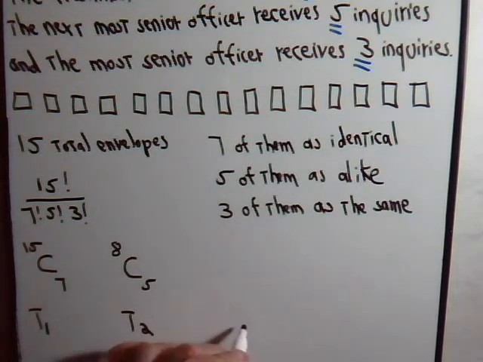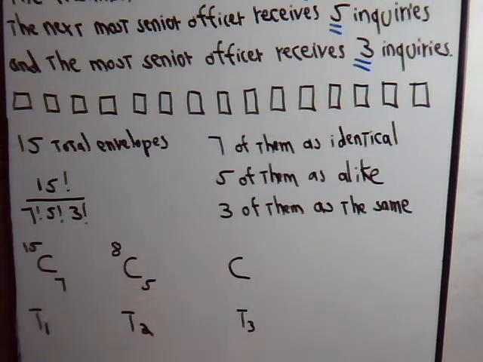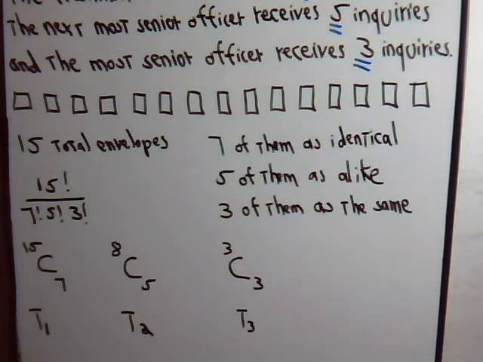Task T3 is to select 3 envelopes or 3 inquiries for the most senior officer. Here there's only going to be 3 left over, so there's one way that we can do it. We already used up 12, so we have 3 left, and we're going to choose 3 of them. There's only one way that can be done.